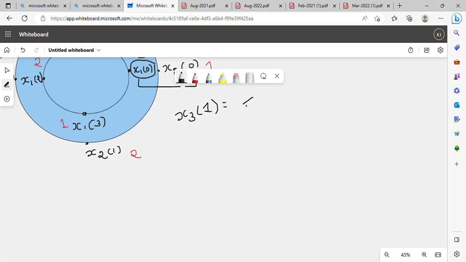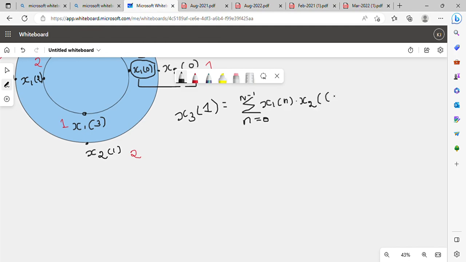So x3 of 1, what is my formula? The same formula, that is the sum over n equal to 0 to N minus 1, which is equal to x1 of n into x2 of m minus n.